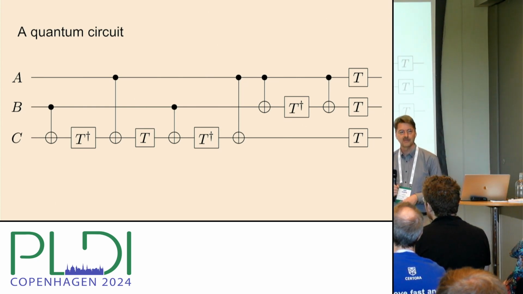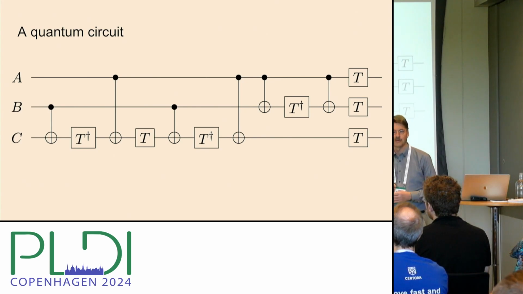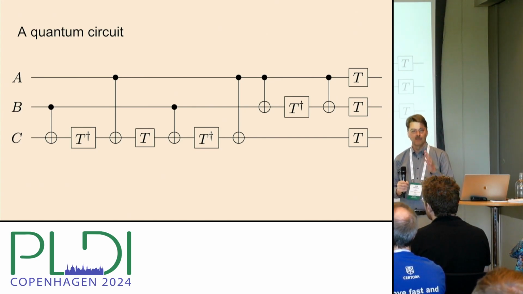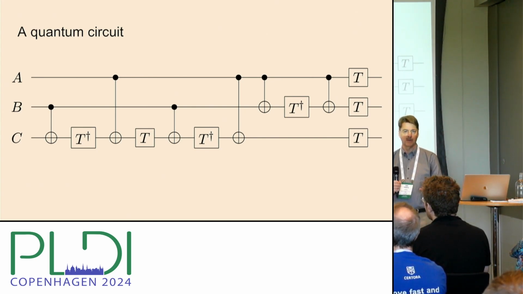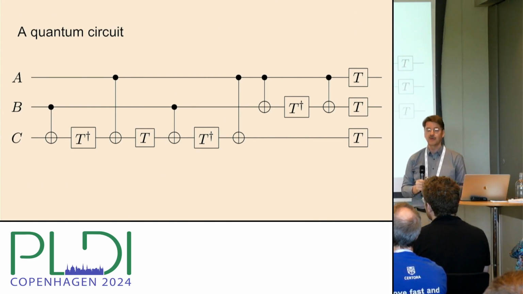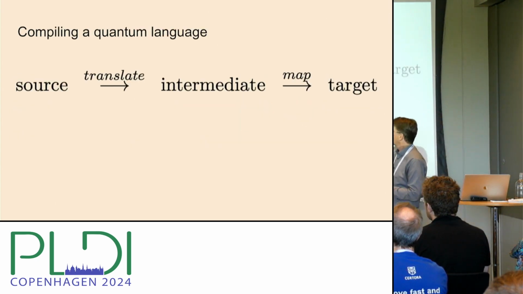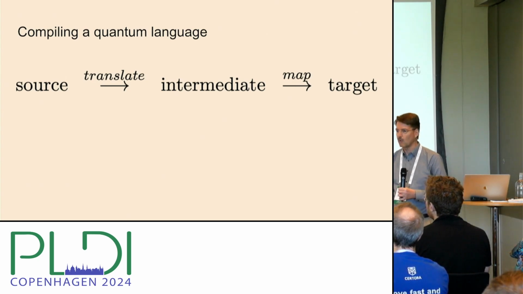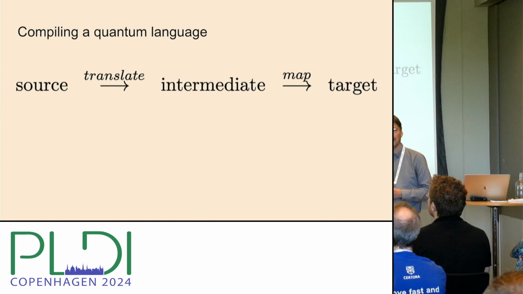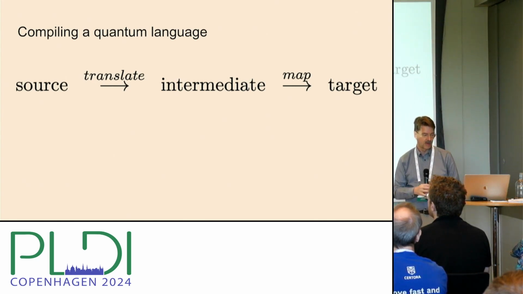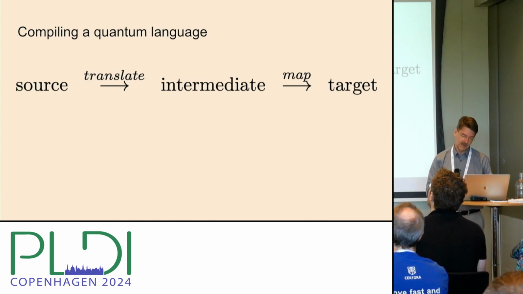So that's the second abstraction: we can do whatever we want at the source level, but at the target level, we have to follow whatever is actually implemented there. Maybe there are only connections between A and B and C. So then we are back to the mapping step. That's what the mapping step is doing. Inserting some swaps is a typical thing that these compilers do, that will swap things around following what's implemented, and then we can do our work. So that's how it goes.